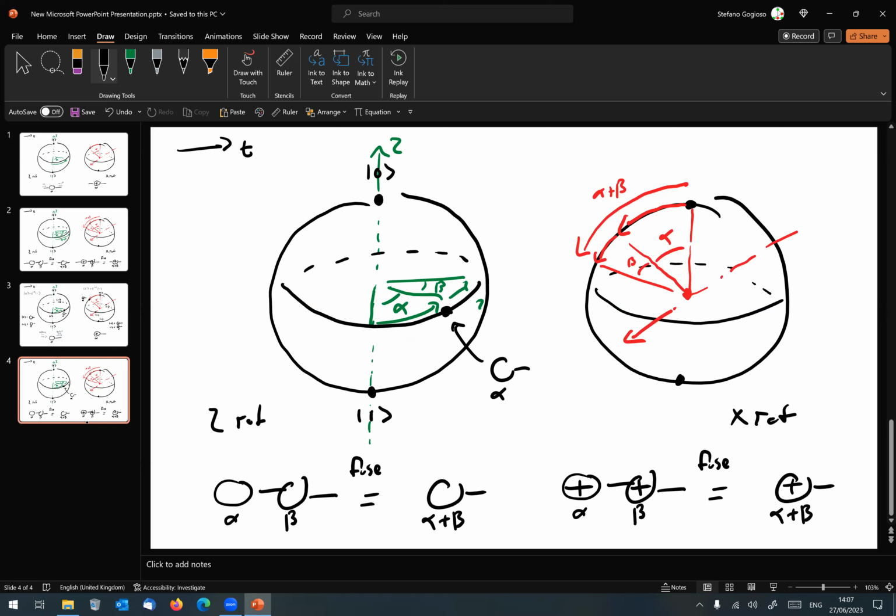It gets rotated by a further angle beta, and so it becomes a state this time with angle alpha plus beta. The reason why I picked those color combinations is because I really care about the way that the rotations act on my states, not about where the states are. So this is a crossed spider state with alpha, and this is a crossed spider state with alpha plus beta.